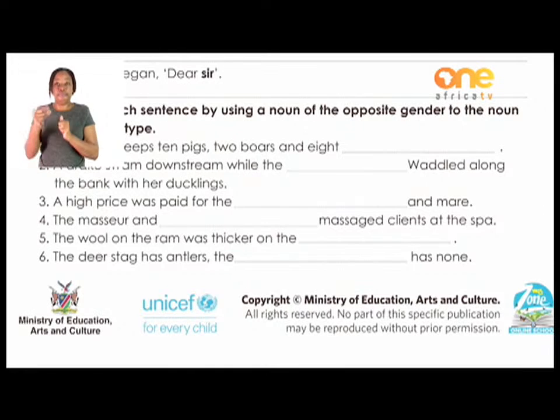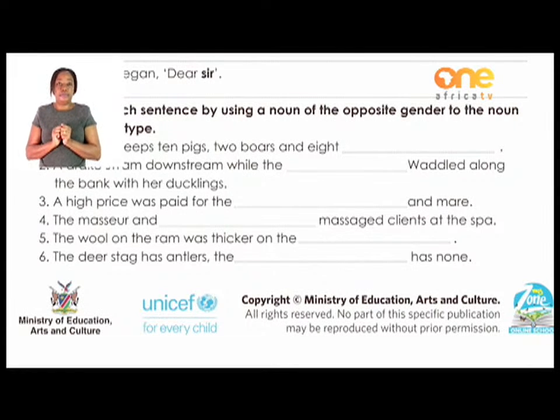So I just want you to change all the words which are in bold and change them to the opposite gender. You have to find out what type of gender is this which is given in the bold. If it is a female, you change it to the male, from masculine to feminine. If it is in feminine, you change it to masculine. So it's just vice versa.